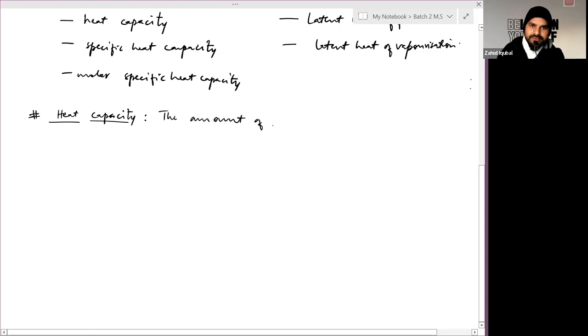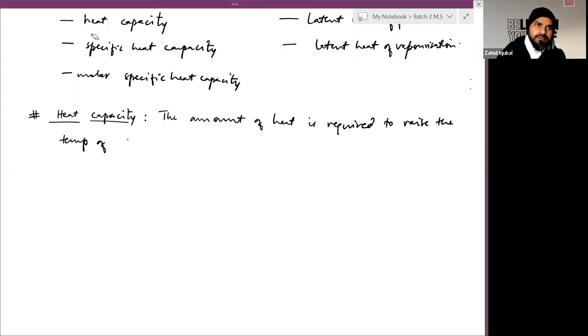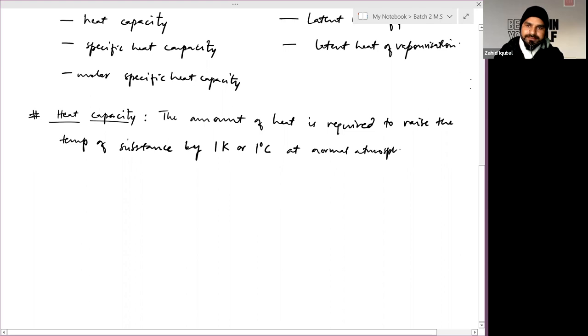So it is the amount of heat required to raise the temperature of a substance by 1 Kelvin or 1 degree Celsius at normal atmospheric pressure.